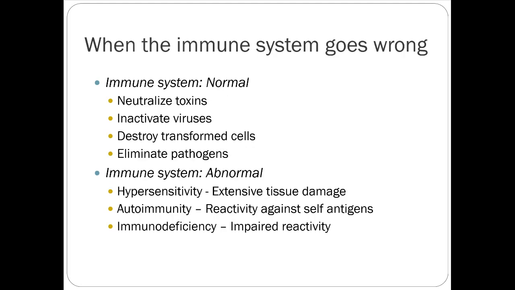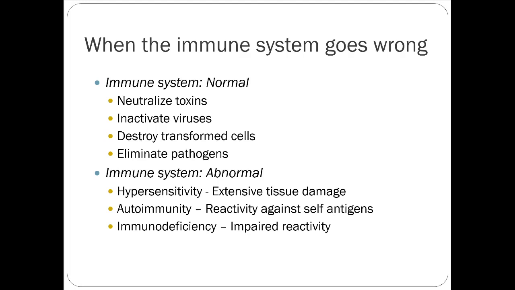So why would we want to manipulate the immune system? It seems like for most people it works pretty well. Well, a normal person is going to have an immune system that neutralizes toxins and inactivates viruses, destroys transformed cells that are mutated, and eliminates pathogens. When we get an abnormal immune system, you can get hypersensitivity, which can cause extensive tissue damage. You can get autoimmunity.